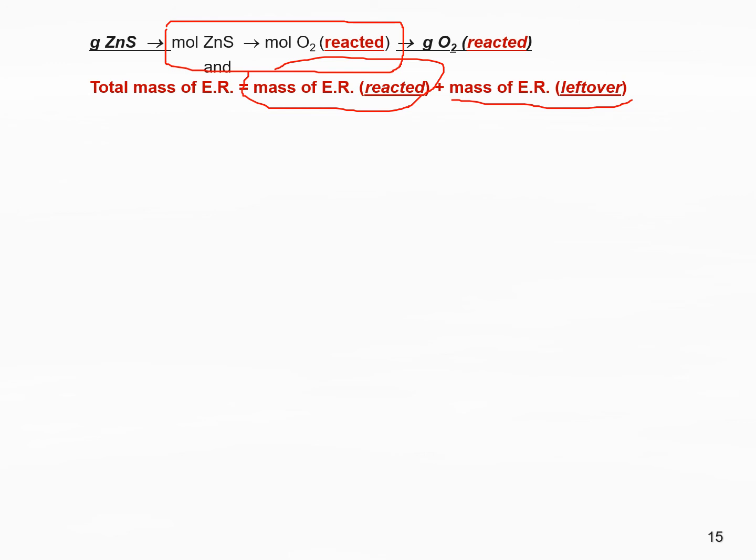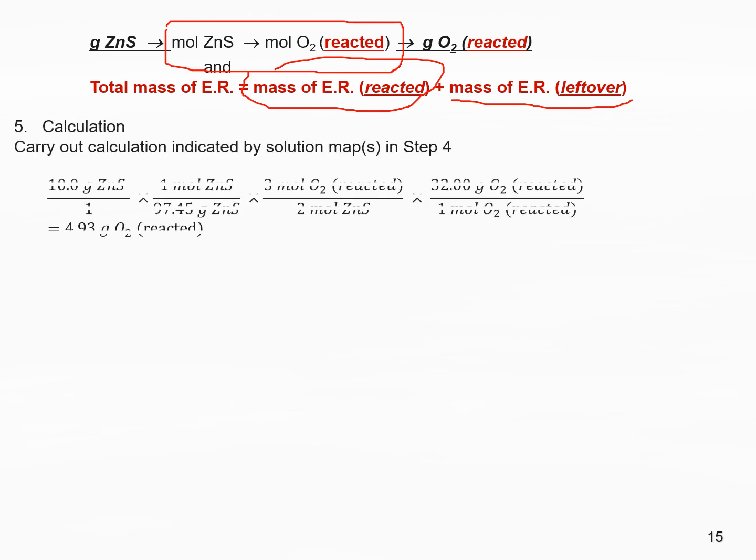All right, so our focus here is to get the grams of oxygen that's reacted. Right, so we start with the 10 grams of zinc sulfide to the moles of zinc sulfide, the moles of oxygen reacted, grams of oxygen reacted. So through the calculation, we figure out 4.93 grams of oxygen is reacted.